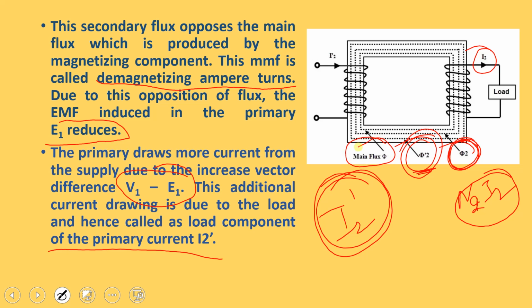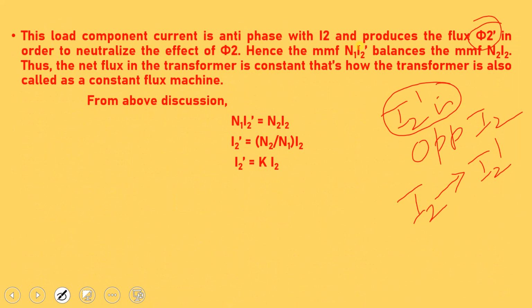So it opposes the effect of the main flux, but the main flux is required for the working of the transformer, so we need something to neutralize this phi 2. To neutralize it, a phi 2 dash is produced, and the main flux flows in the circuit in the normal way. So this is about all that.